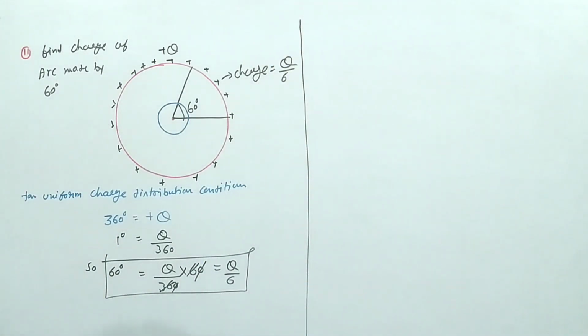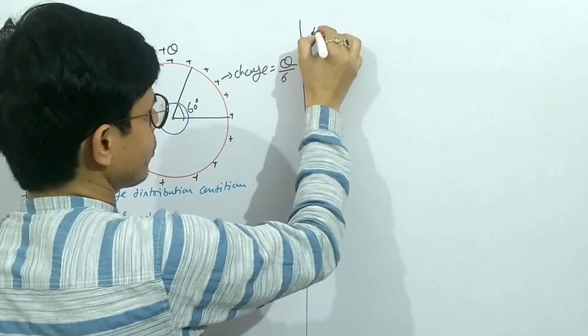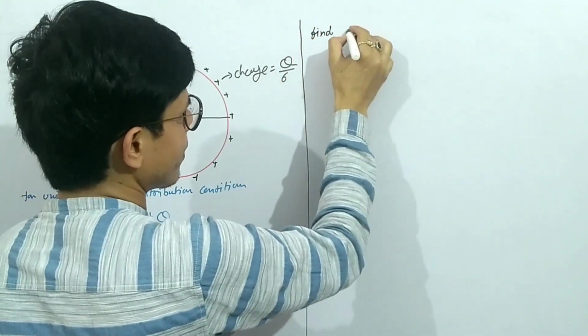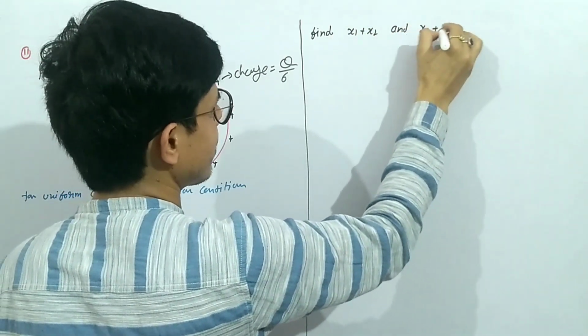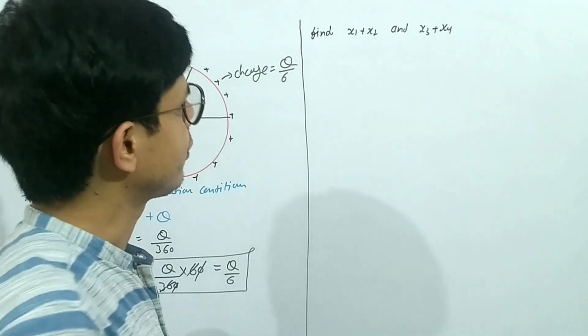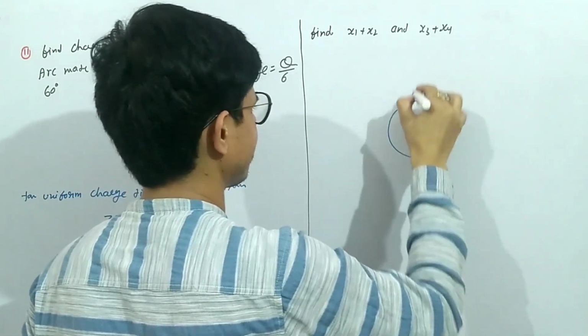Now, number second point. Suppose the question is: find x1 plus x2 and x3 plus x4.